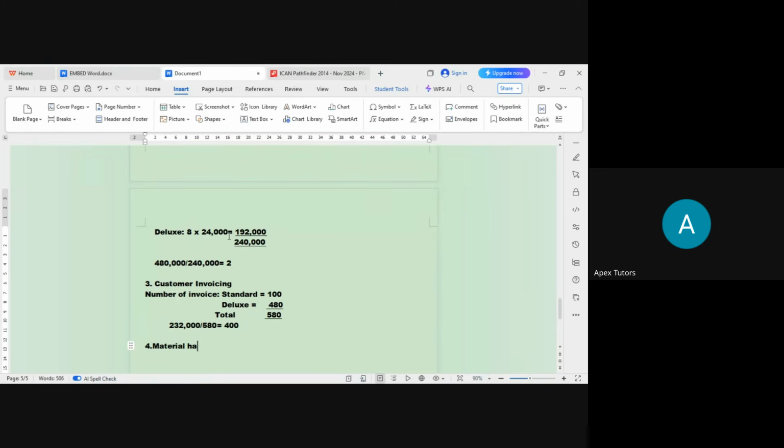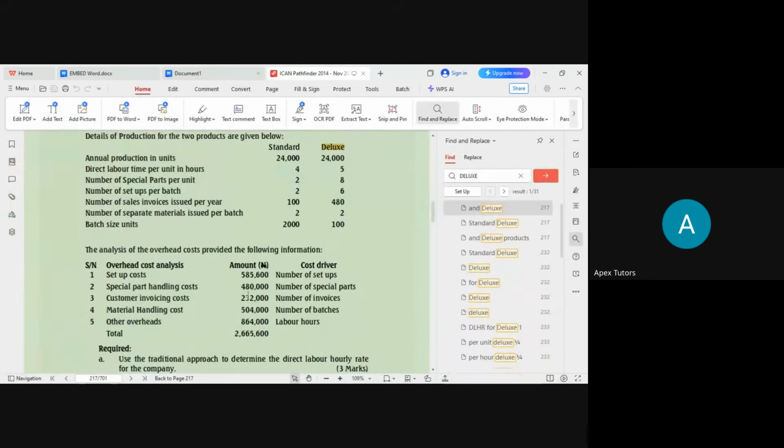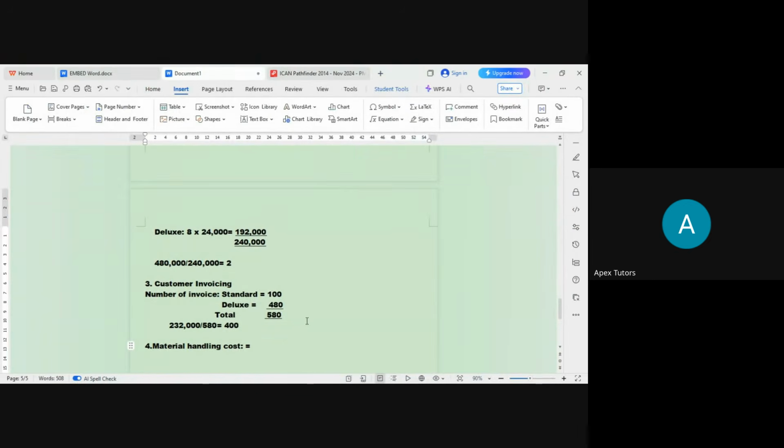Material handling cost. Now, how are we going to treat this? The cost driver is the number of batches. Now, what is the total number of batches we have? Co-host, you can help me out.